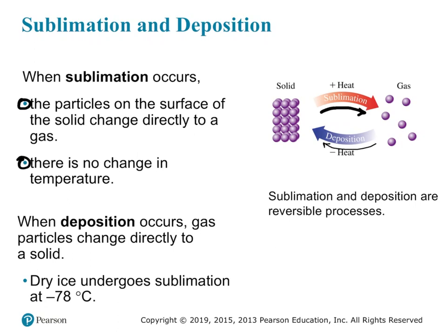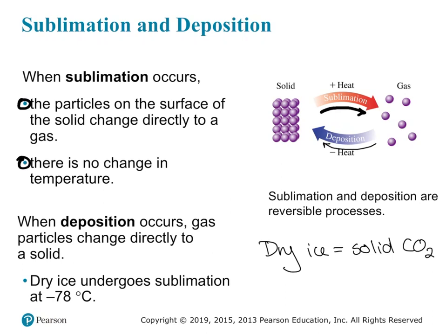Now, a really good example of sublimation, if you've ever used dry ice, maybe you used it at a party or to make some cool smoke effects. Dry ice is just solid carbon dioxide, which is CO2. And you might have noticed that it never goes through a liquid phase.